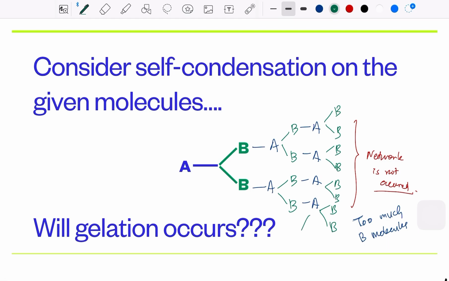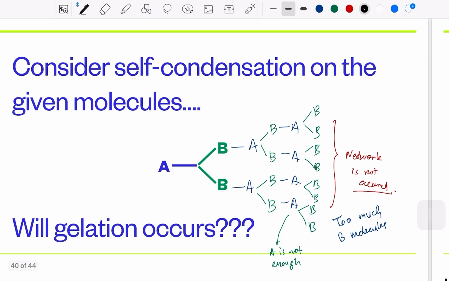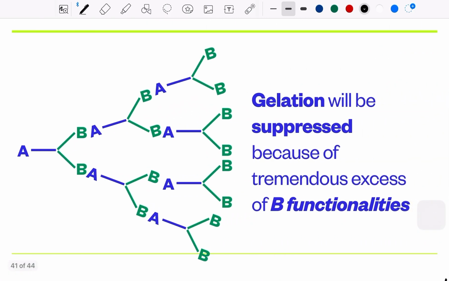Okay, so the gelation will be suppressed because of the tremendous amount of the B, B functionalities. So this is the conclusion. Okay? Because there is too much B, gelation will be suppressed.